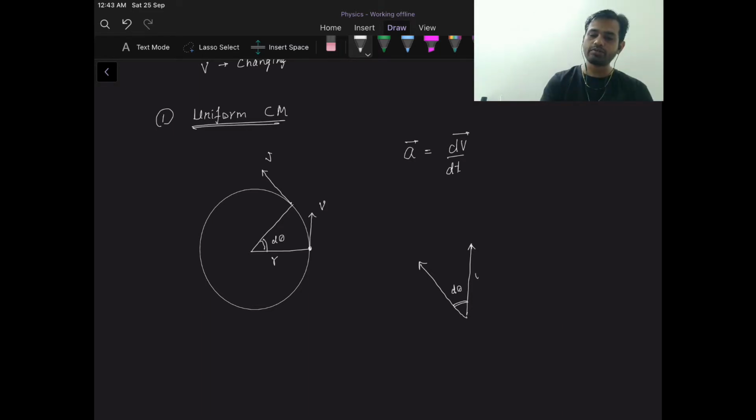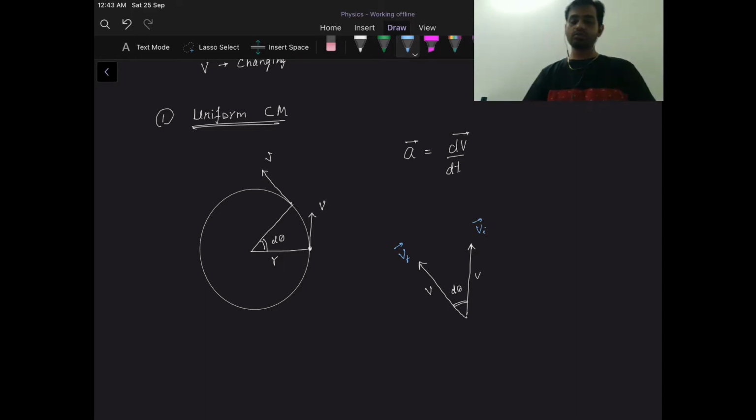The magnitude of this is v, and the magnitude of this is also equal to v. This is the final velocity vector and this is the initial velocity vector. Now what will be the change in velocity? It is just final minus initial.